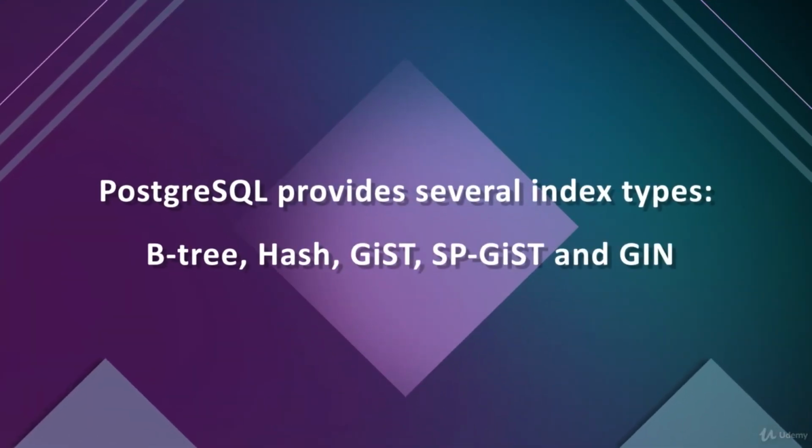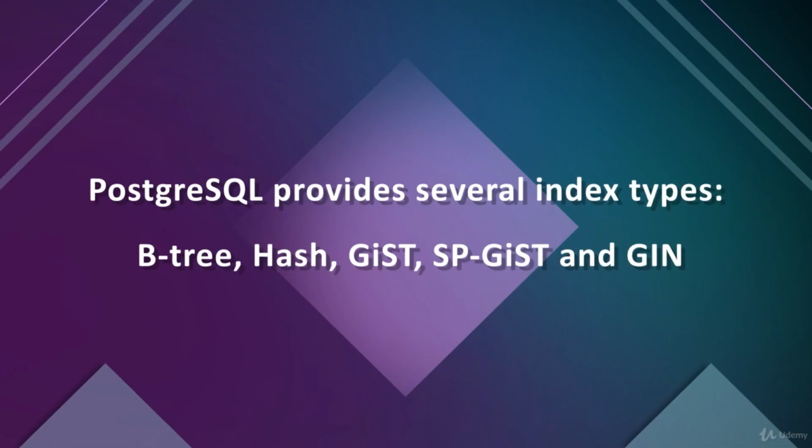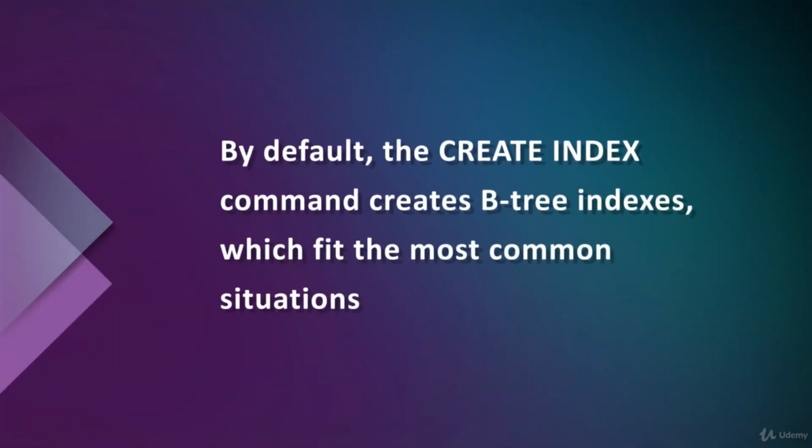PostgreSQL provides several index types: B-tree, hash, GiST, SP-GiST, and GIN. Each index type uses a different algorithm that is best suited to different types of queries. By default, the CREATE INDEX command creates B-tree indexes, which fit the most common situations.